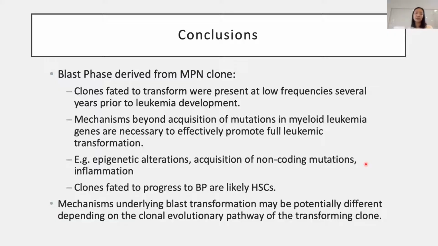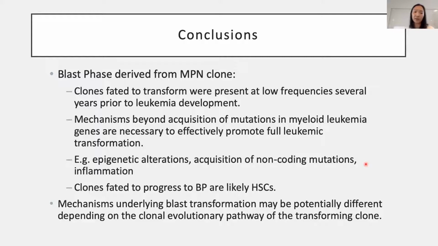So in conclusion, in blast phase disease that's derived from an MPN clone, we see that clones fated to transform to leukemia were present at very low frequencies several years prior to leukemia development. This indicates that mechanisms beyond the acquisition of mutations in myeloid leukemia genes are necessary to effectively promote full leukemic transformation.